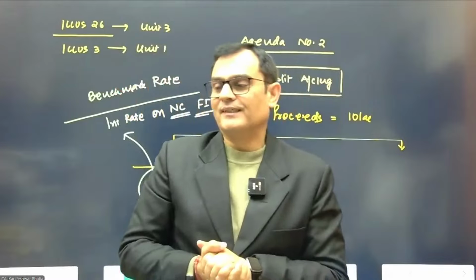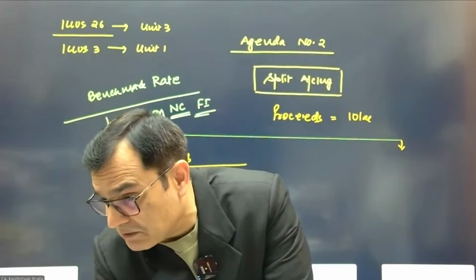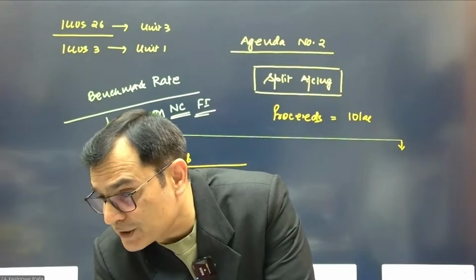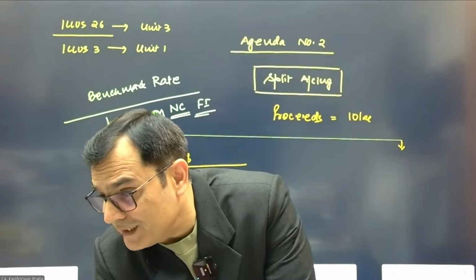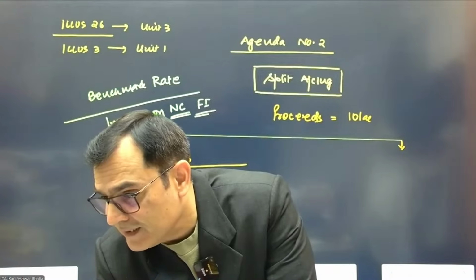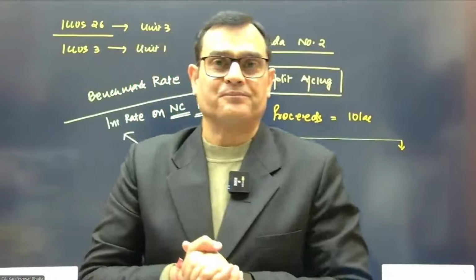Just apply the basic maths and let's see the result. Time value of money is what we are applying. So I get the answer very correct. We are going to get a lesser answer in this case. That absolutely makes sense. We are going to get an answer which is less than 100 for sure.